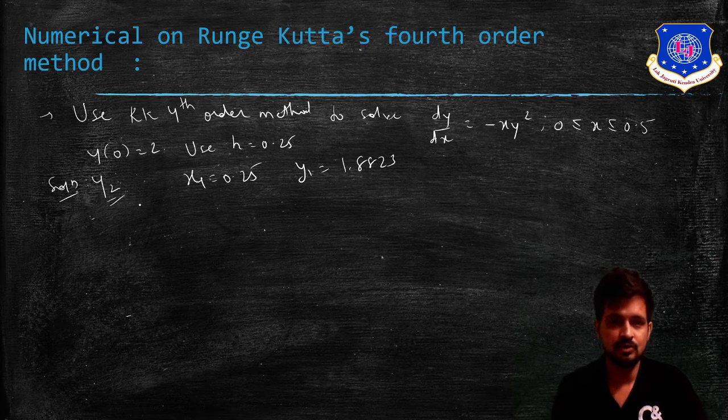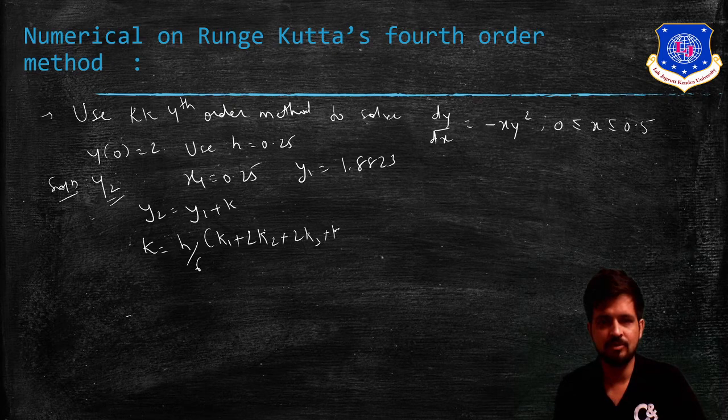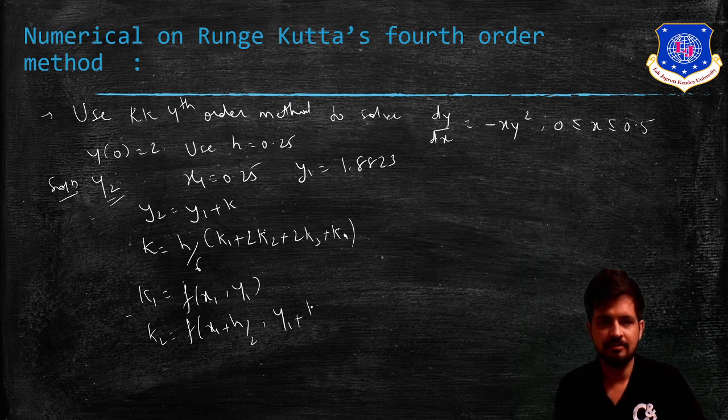This you have to solve by yourself. The formula will be y2 is equal to y1 plus k. k will be h by 6 into k1 plus 2k2 plus 2k3 plus k4. k1 will be f of x1, y1, then k2 is f of x1 plus h by 2 and y1 plus k1 by 2, then k3.